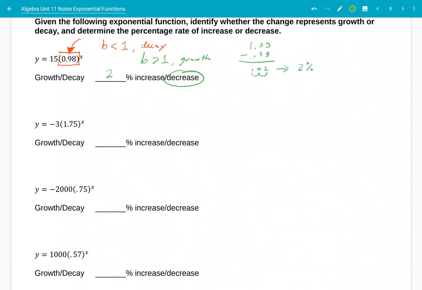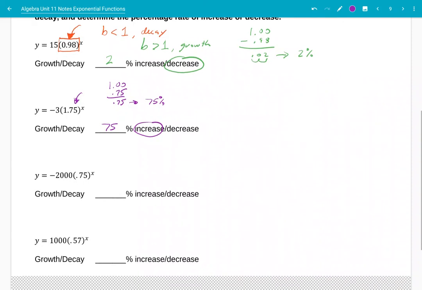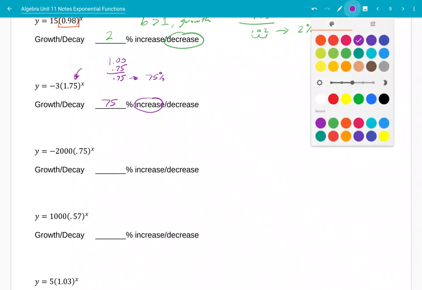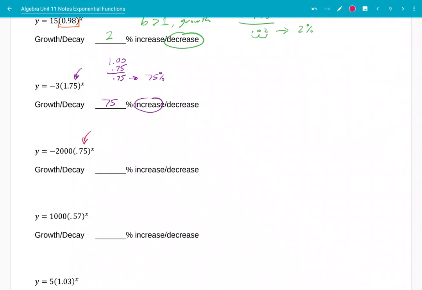Okay, how about the next one? This is greater than 1. So we just subtract 1 from that. 1.75, that's 0.75. And this is a 75% increase. And some of this you can probably do in your head. This is less than 1. So you can move that over, 75%.